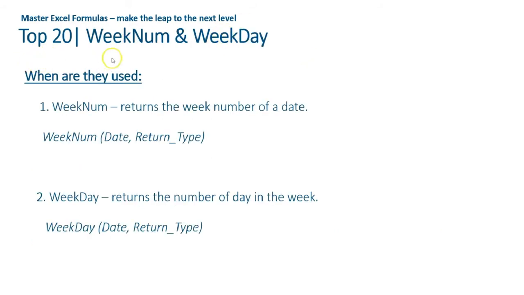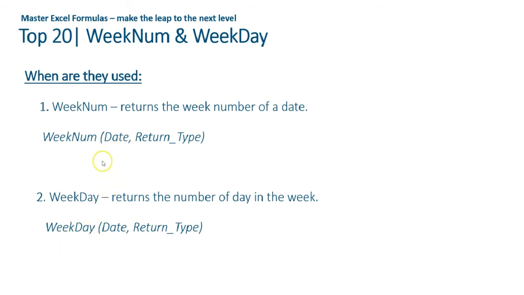With Num and Weekday. So very frequently used formulas and very useful as well. The WEEKNUM formula returns the week number of a specific date, whereas the WEEKDAY formula returns the number of the day in the week.